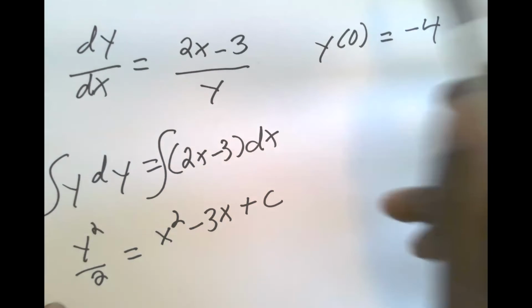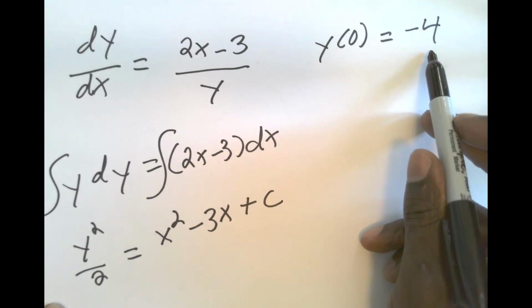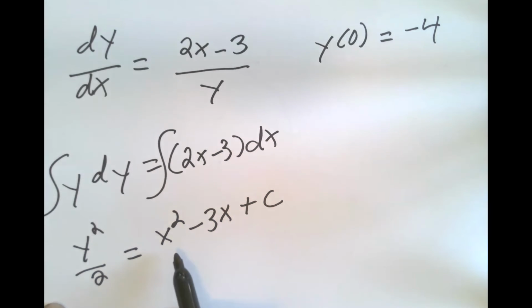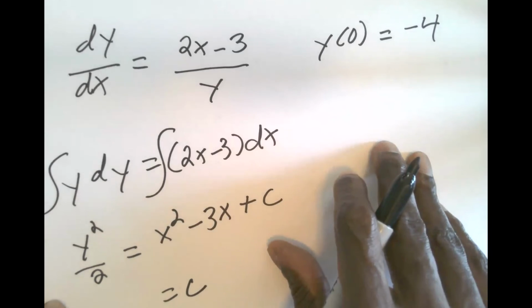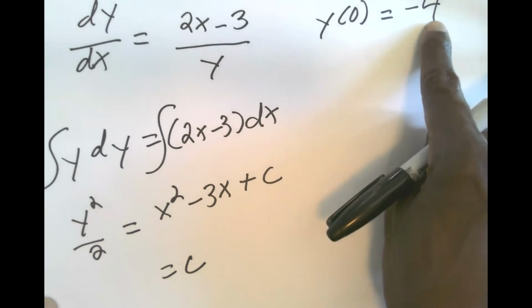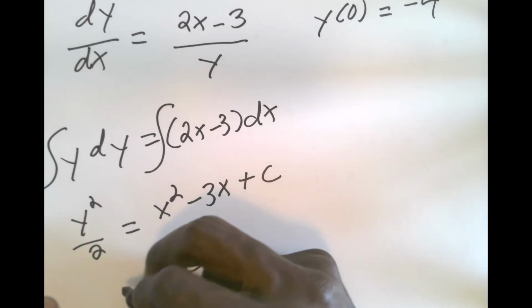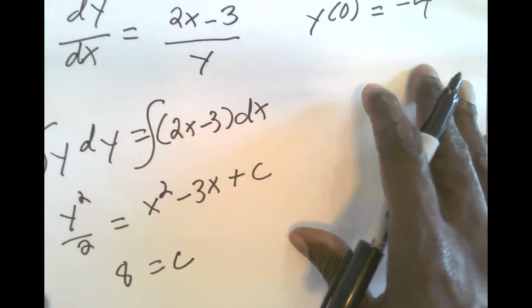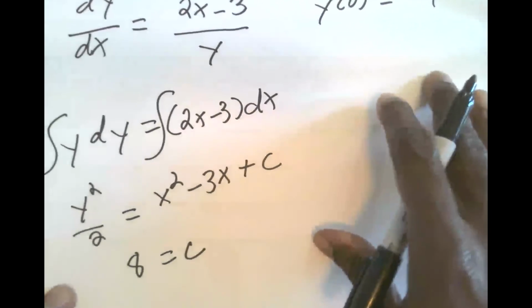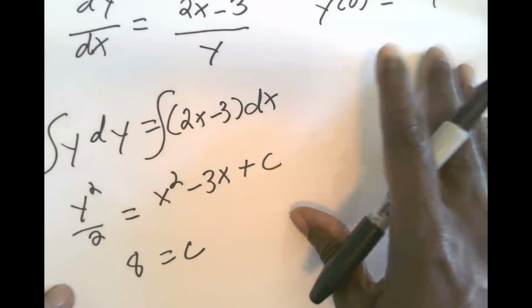All right, so let's apply our initial condition, plug in 0 for x and -4 for y. If we plug in 0 for x, all this will cancel, and so we'll just be left with c. And if we plug in -4 for y, that'll be 16 over 2, which will equal 8. So c equals 8. So going back to this, I'm just going to write it with this value plugged in for c.